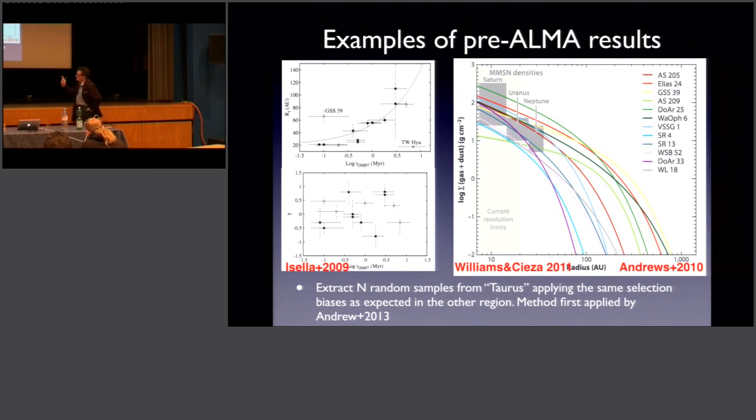Note, however, that these are the brightest disks, obviously, because you need to have enough signal to resolve them, and so it's not obvious what the bulk of the disk population will look like in these diagrams.